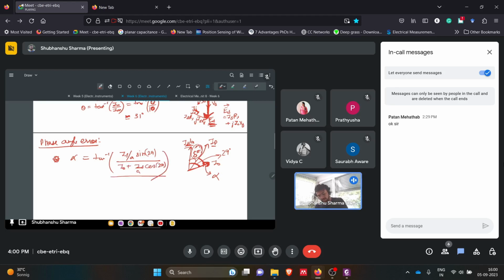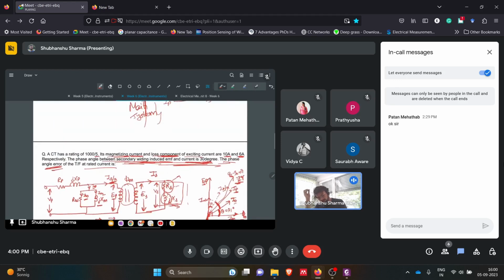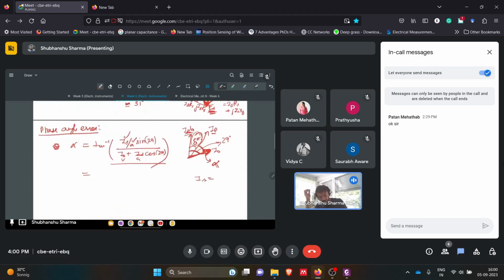Basically we are taking this as a reference and calculating tan of this alpha angle. It's just simple trigonometry, nothing else. So we know Is, we know A, we know I naught. Is is basically the rated secondary current, that is 5 amperes.